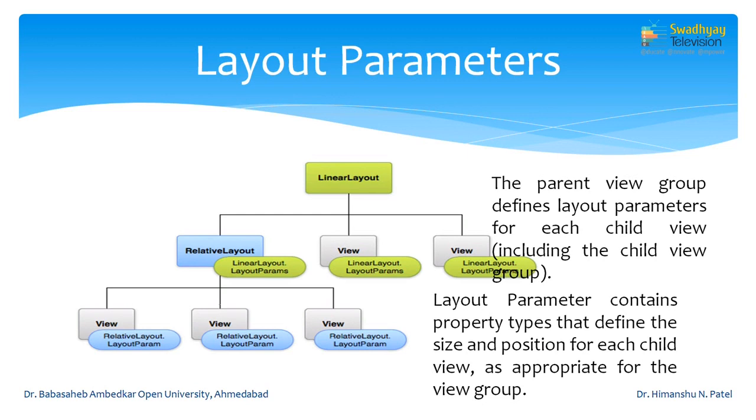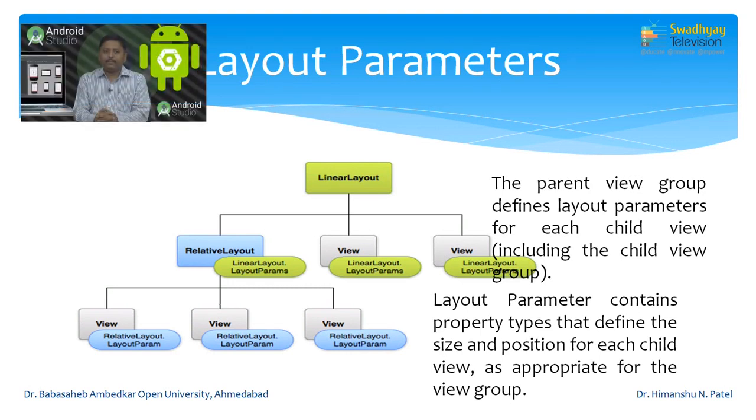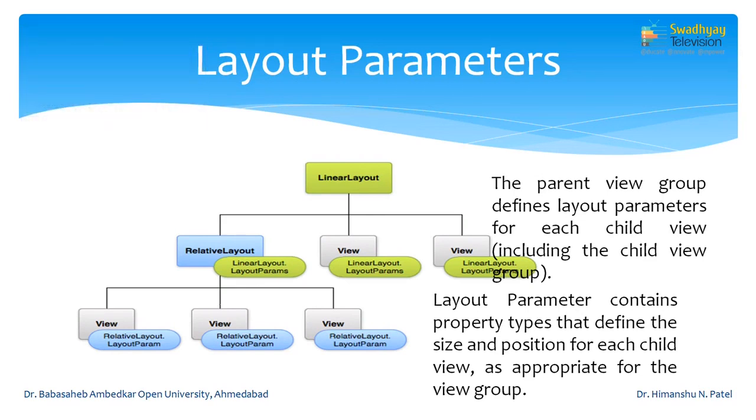You can specify layout parameters. Now, what are layout parameters? Layout parameters contain property types that define the size and position of each child view as appropriate for the view group. Using layout parameters, we can specify the size, position, or how child views are organized inside the main view group. So, the parent view group defines layout parameters for each child view, including child view groups. For example, here we have a linear layout. In a linear layout we can arrange components either horizontally or vertically.